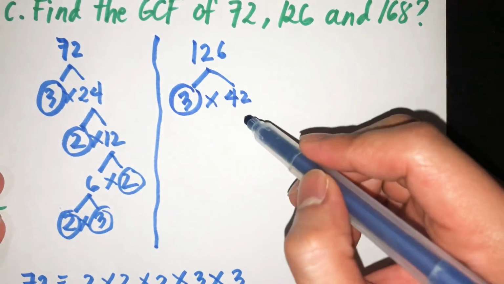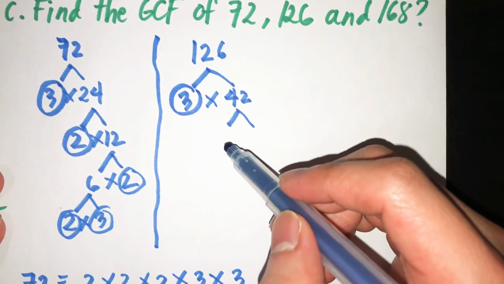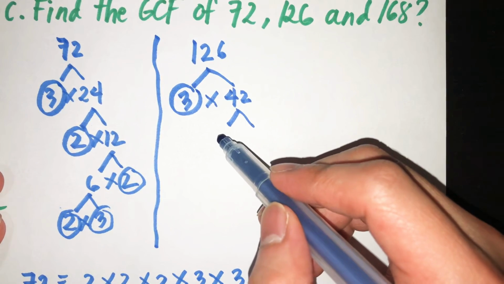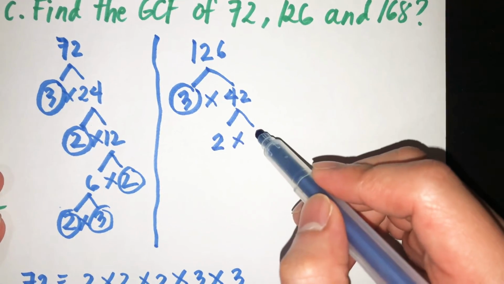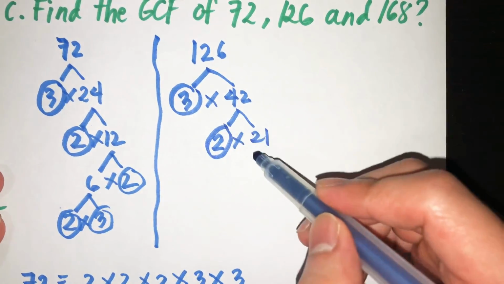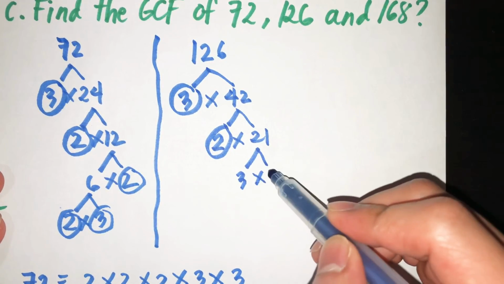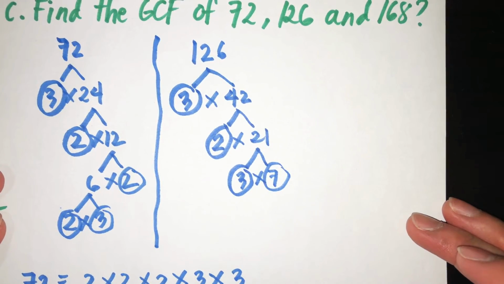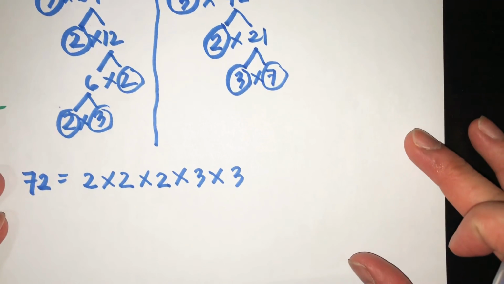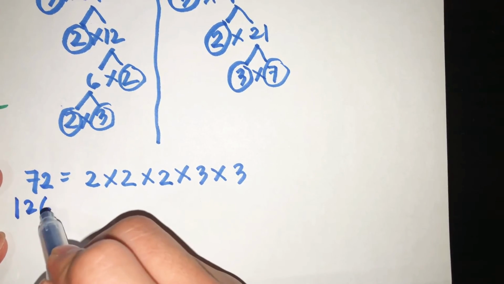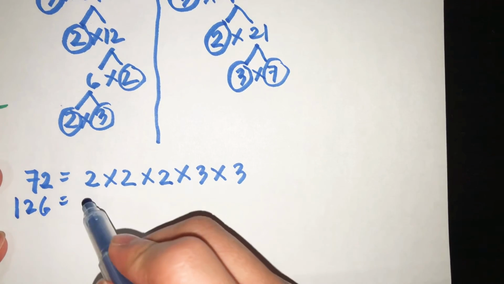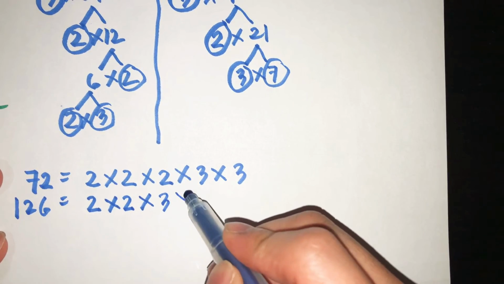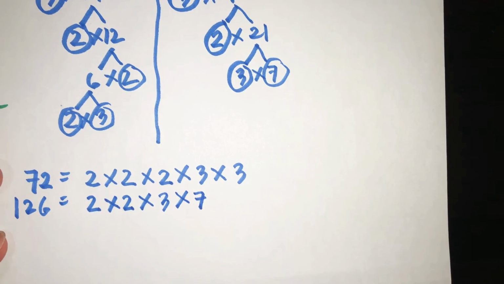Okay? Then we can have also 2 times 21. Then we can have 3 times 7. Okay? Then if we list down the factors of this one here, so 126 is equal to 2 times 2 times 3 times 7. Okay?